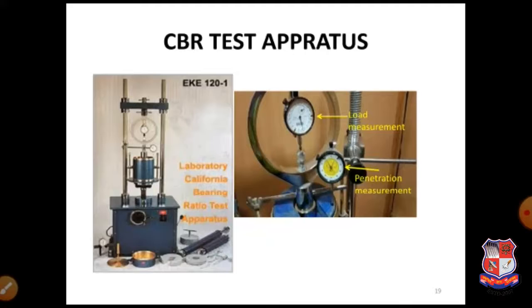This is the CBR test apparatus. In the right figure, the proving ring is shown, and the gauge in the proving ring measures the load. The other gauge measures the penetration of the plunger.